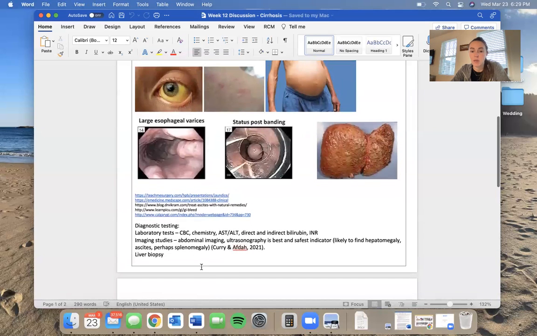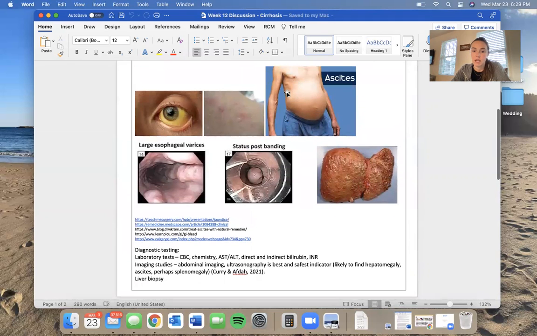You also see hyponatremia because, as you can see here, all the fluid is shifted out of the cells. Their AST and ALT are often elevated, as well as the direct and indirect bilirubin. And because the liver is responsible for a lot of clotting factors, the INR is also elevated.